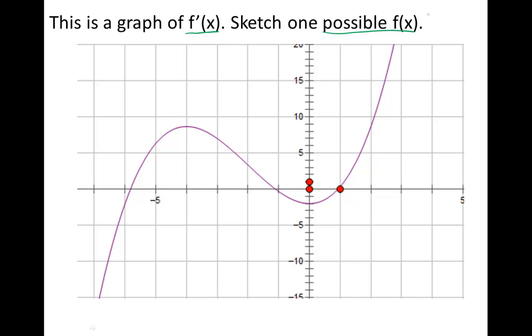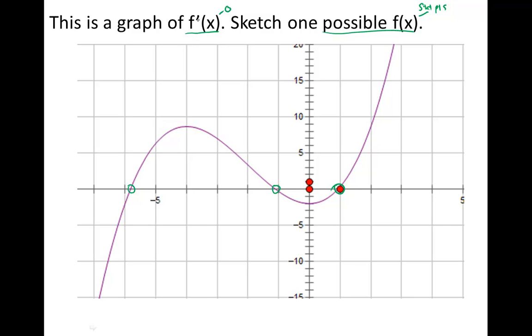So if I found stationary points on f of x, then that meant that the derivative was 0. Okay, well, now I'm just going to find where the derivative is 0, and those are going to be my stationary points for f of x.